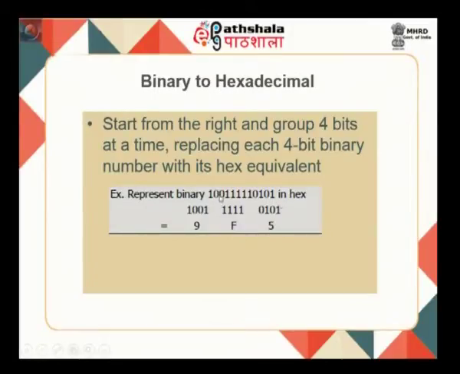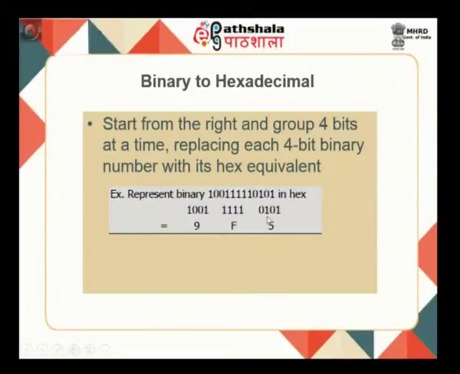from left to right, I am going in this direction. So, I will be grouping this 0101 as one number, 1111 as one number, and 1001 as another number. Now, 0101 is 1 plus 0 plus 4, which is 5.